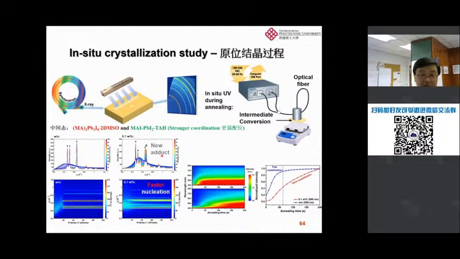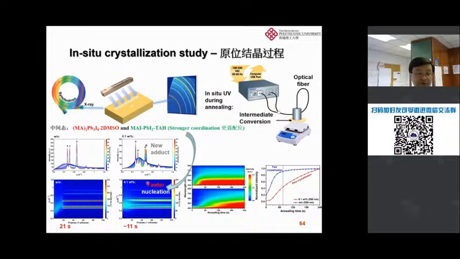In other words, that's an intermediate state. And this surfactant with the SO3 has a stronger coordination with lead, and that tells us that when you do the nucleation, it starts faster.